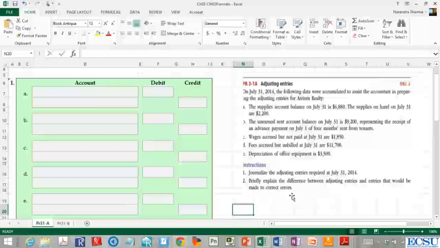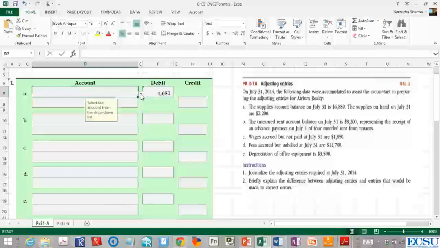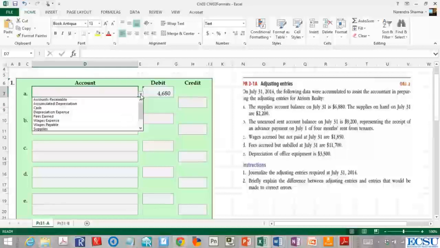So let's find out the difference: 6,880 minus 2,200 would be 4,680. And now the difference will be considered as supplies consumed, and that will be debited to supplies expense account.